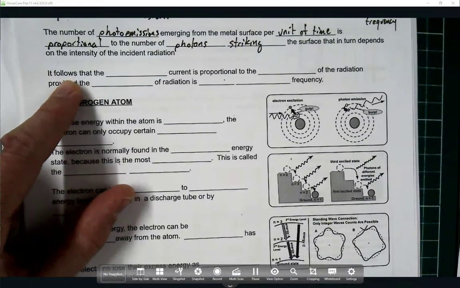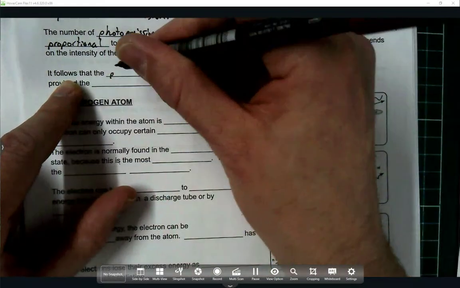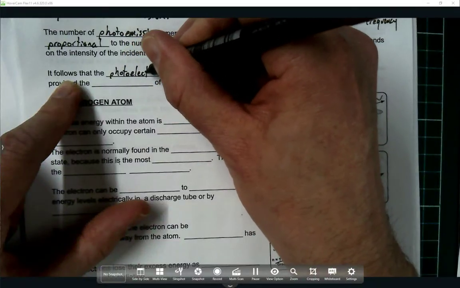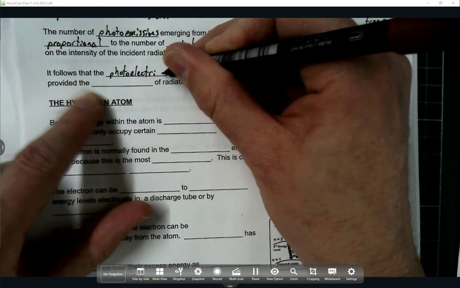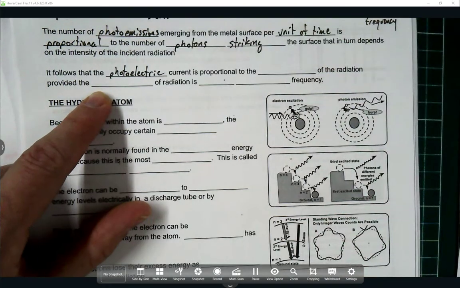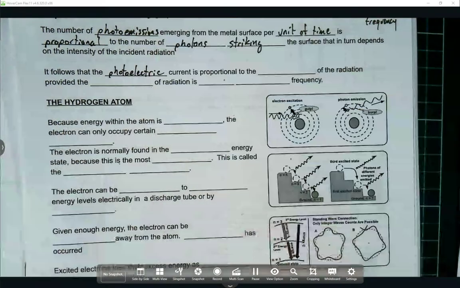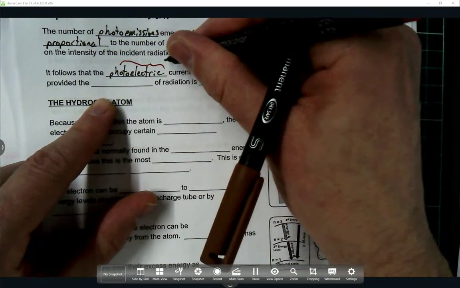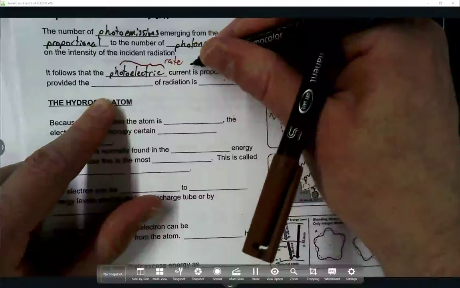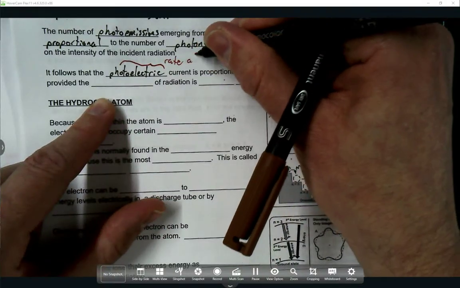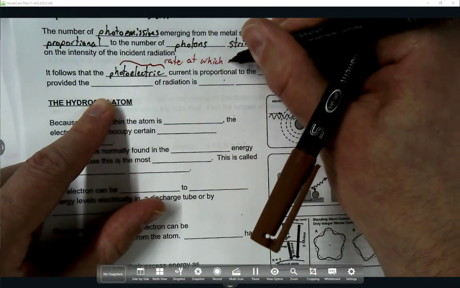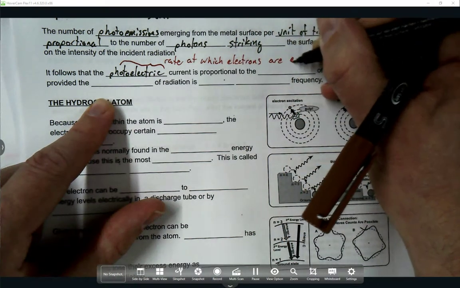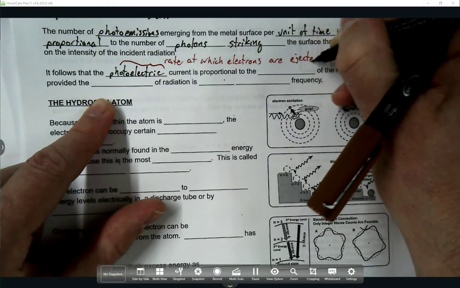It follows that the photoelectric current, that's the flow rate of the electrons, the rate at which electrons are ejected from the metal.